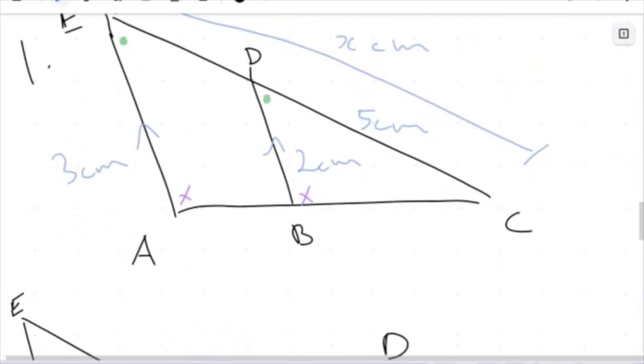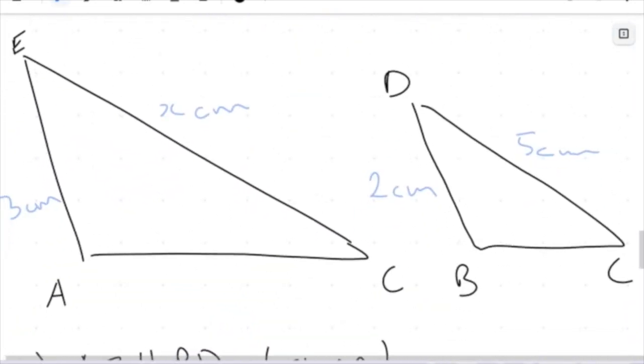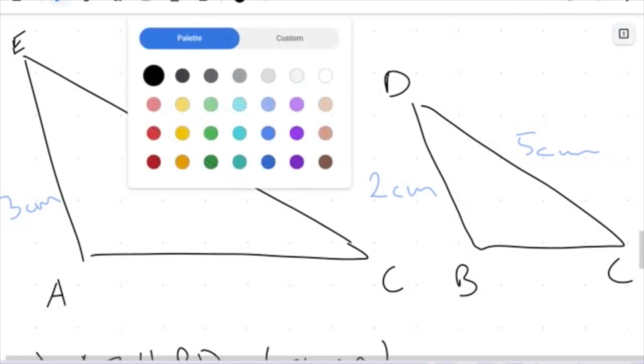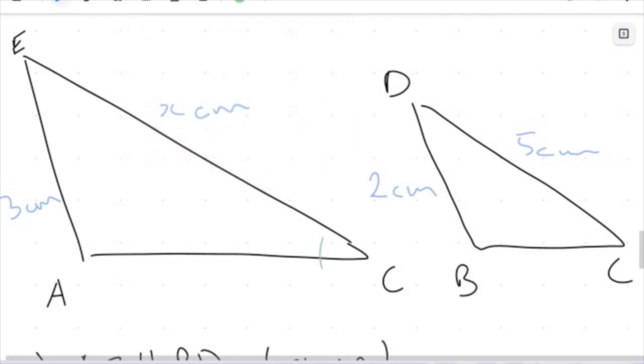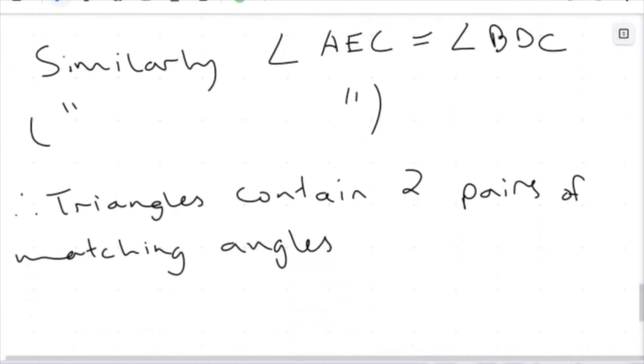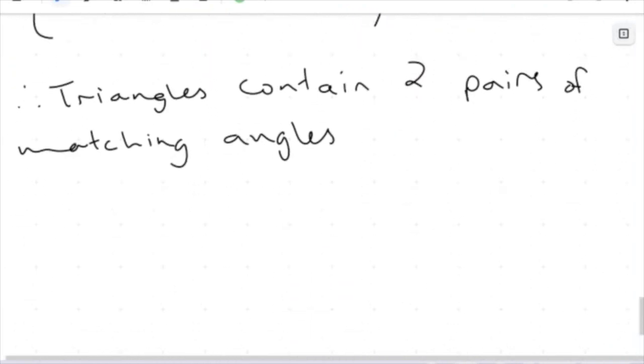Now, you also could have seen that angle C is the same in both of those. So we could have also said that angle C is common. Some of you may find that easier. You can do that as well as one of your proofs. But as long as we have two matching pairs of angles that are equal, we can say, therefore, the triangles are similar.